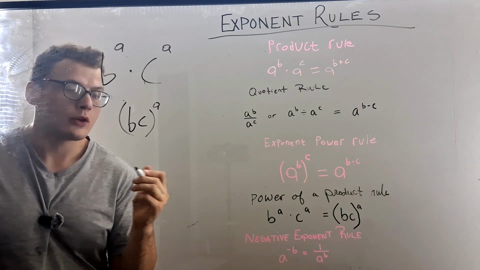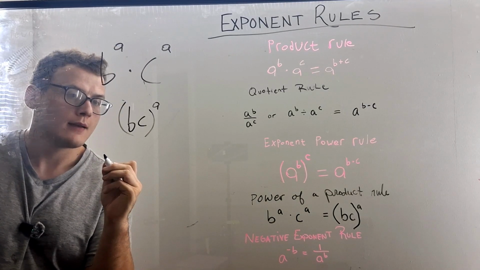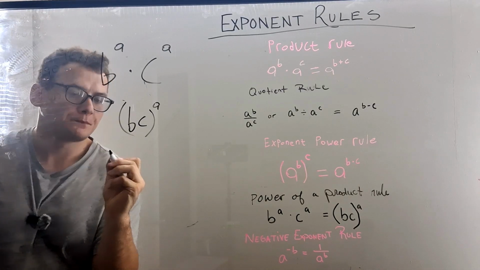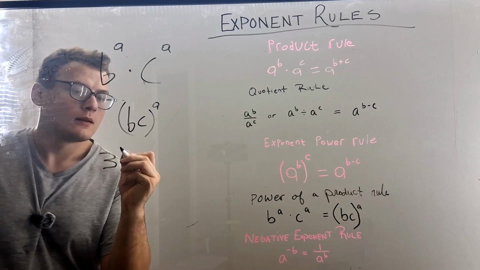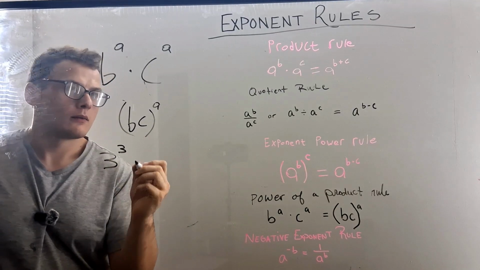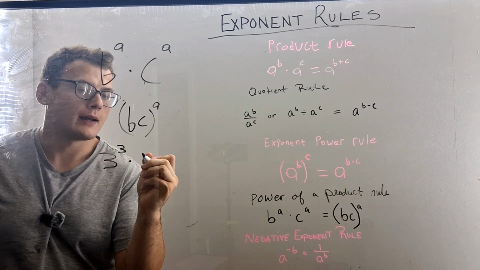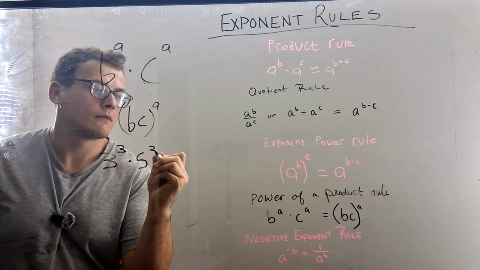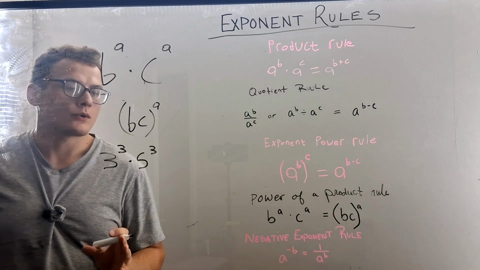Now, let's do this with a numerical example. Let's say 3 to the third multiplied by, let's just say 5 to the third. Power of a product rule.